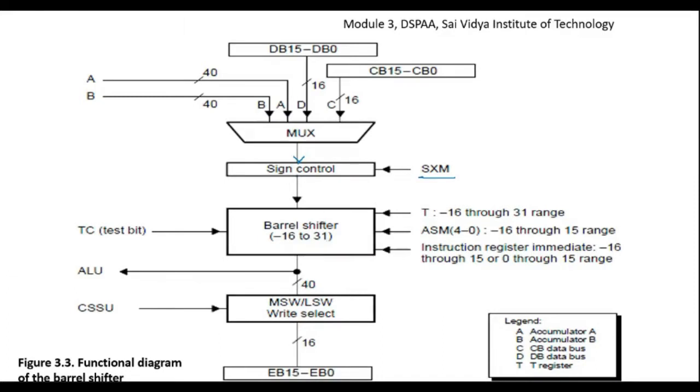This barrel shifter, depending upon the T temporary register, it can perform -16 through 31 range, or based upon the accumulator shift mode, that is a 5-bit field which is present in the ST1 register, I can perform the shifting of -16 through 15 range, or the third one is instruction register immediate -16 through 15 or 0 through 15 range.